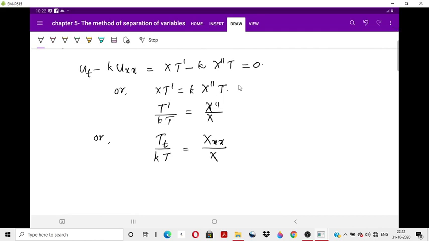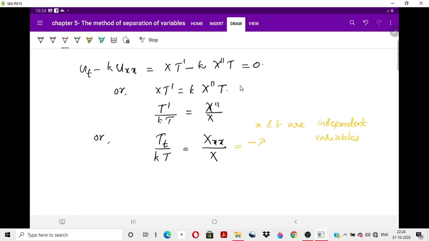Now since small x and small t are independent variables, where capital T is a function of t alone and capital X is a function of x alone, this can be equal if and only if both sides are equal to a constant.